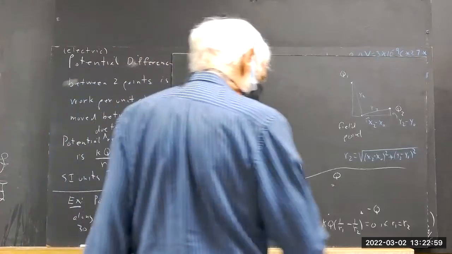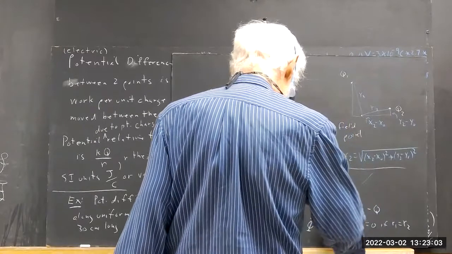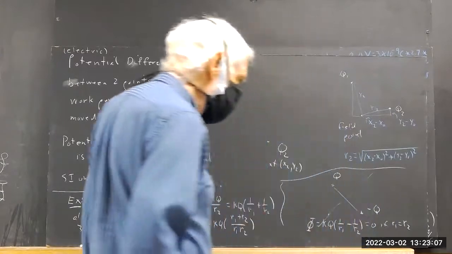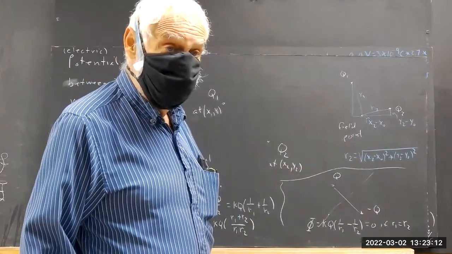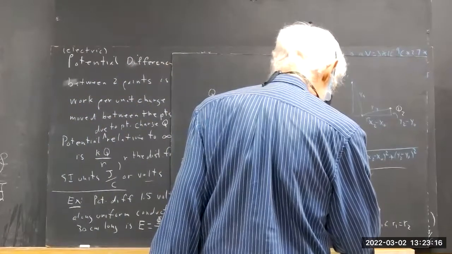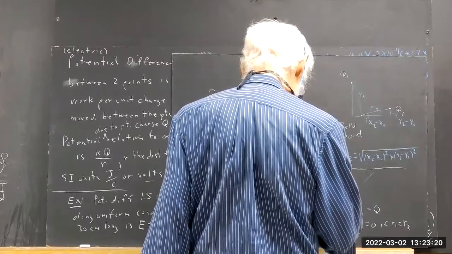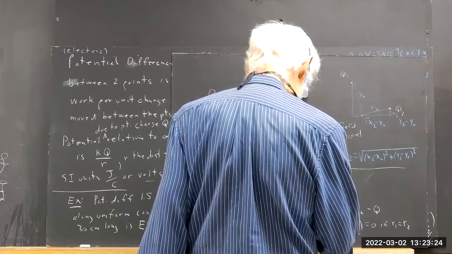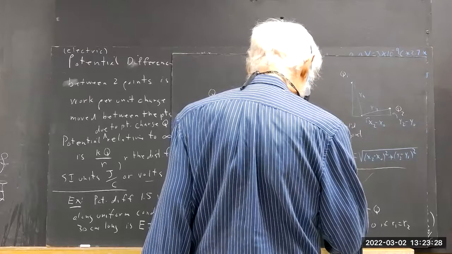So everywhere on this line, which is supposed to be the perpendicular bisector, those distances are equal, right?